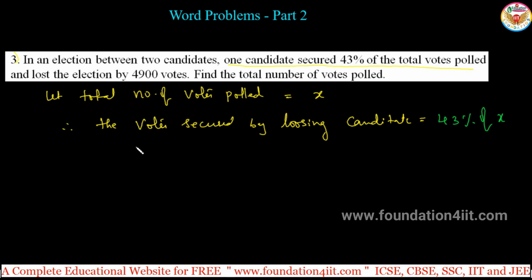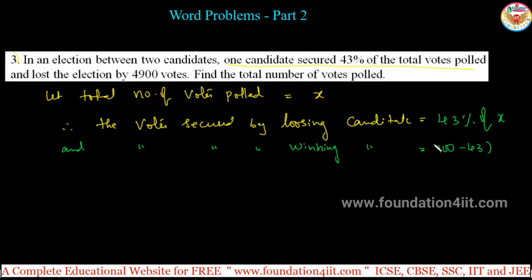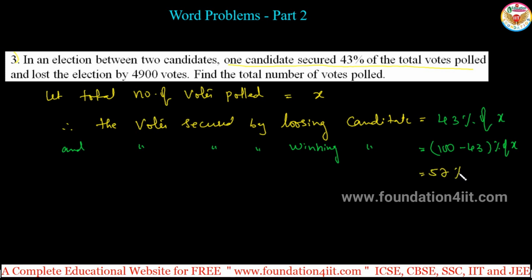The votes secured by the winning candidate: total percentage is 100, so that means 100 minus 43% of X, that is equal to 57% of X. Just remember.